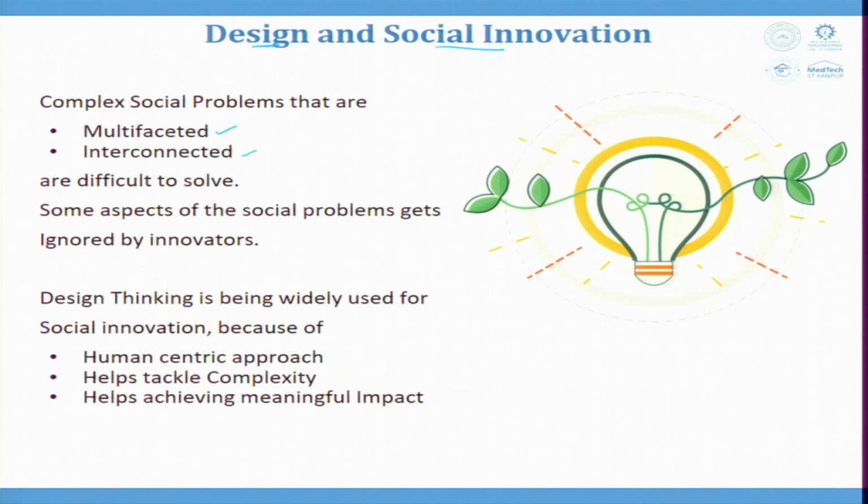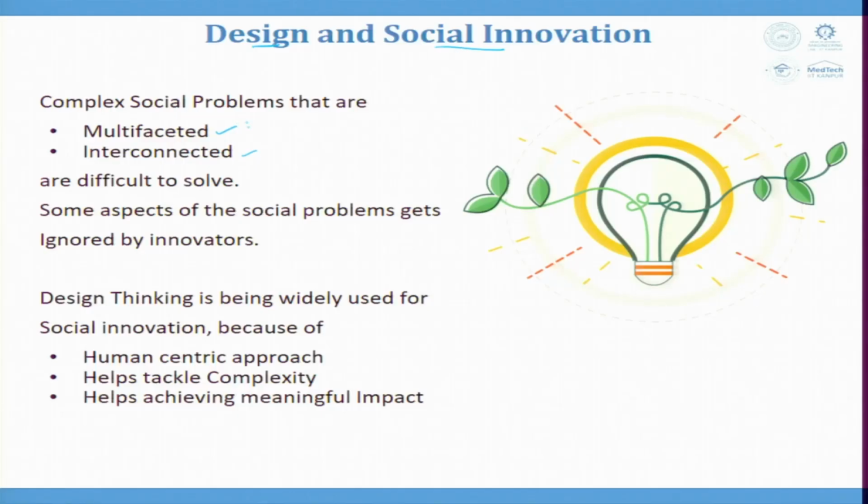In a family of 4 or 5 members, each stakeholder plays a very important role in the performance of the family or in the influence on each other. So, you have to understand the problem because it is multifaceted.